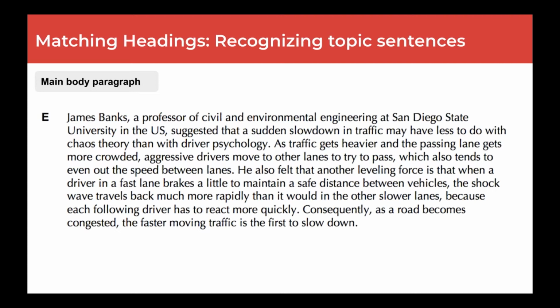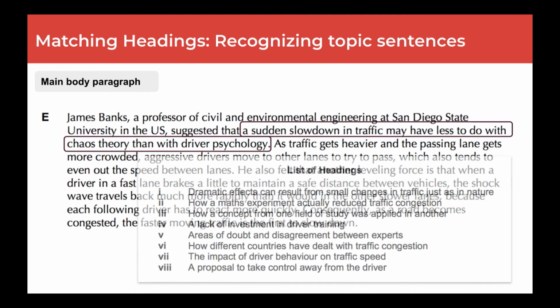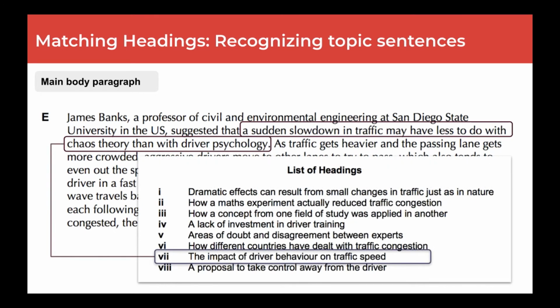James Banks suggested that a sudden slowdown, so this here is the most important part of the sentence, that a sudden slowdown in traffic may have less to do with chaos theory than with the driver psychology. And again, I go back to the list of headings and I quickly find that the impact of driver behavior on traffic speed, so driver psychology and driver behavior are synonyms in that case, right? So this is it.